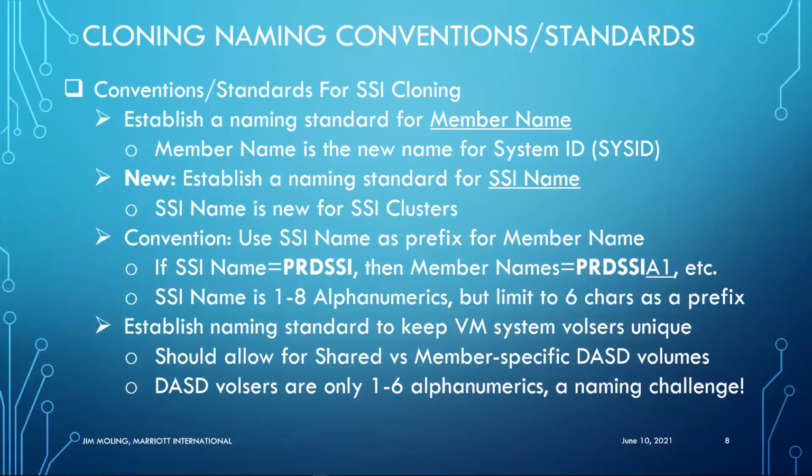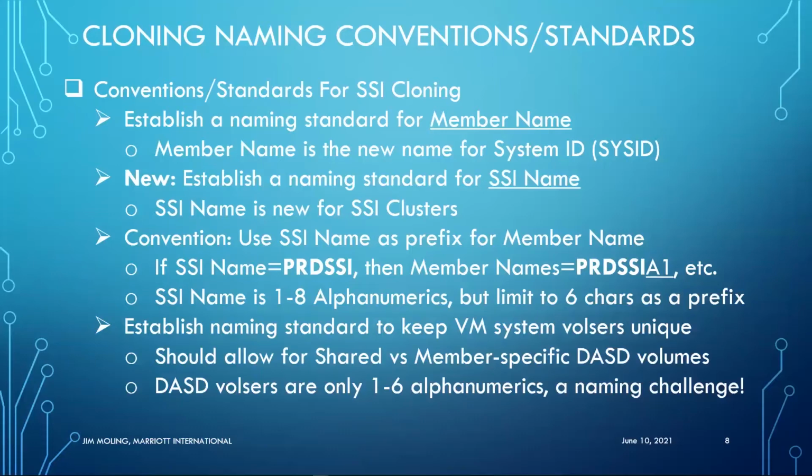And of course, the big challenge is that as many years as computers have been around, and DASD technology has persisted for so long, the volsers for DASD haven't changed. There are still only 6 alphanumerics, so it becomes a bigger challenge to keep all this straight with just 6 positions.